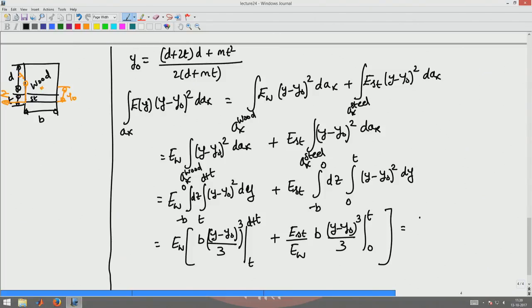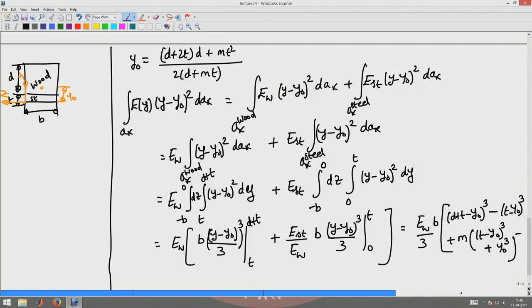This is nothing but E_W into b, this will be (d plus t minus y naught) whole cube minus (t minus y naught) whole cube, plus m times (t minus y naught) whole cube plus y naught cube.